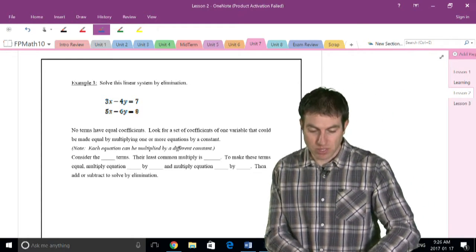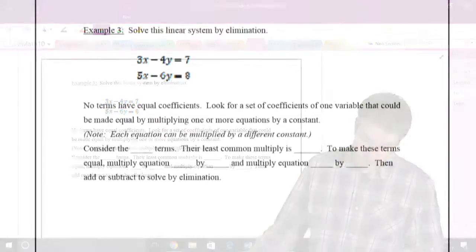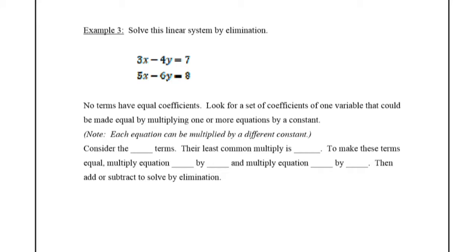No terms have equal coefficients, so look for a set of coefficients of one variable that could be made equal by multiplying one or more equations by a constant. If we consider the x terms, their least common multiple, the least common multiple of 3 and 5, is 15. That's the smallest number both 3 and 5 will go into.